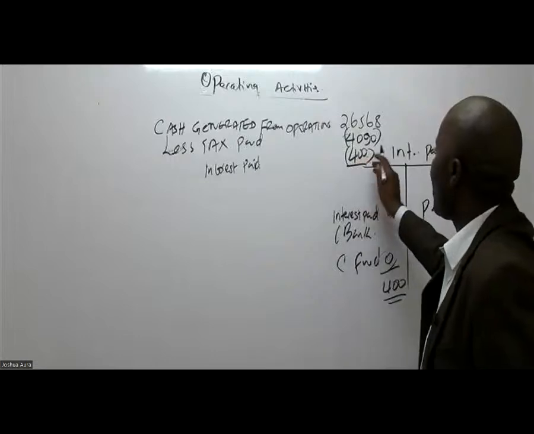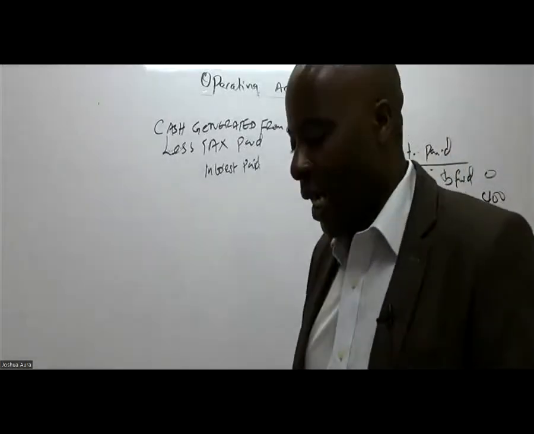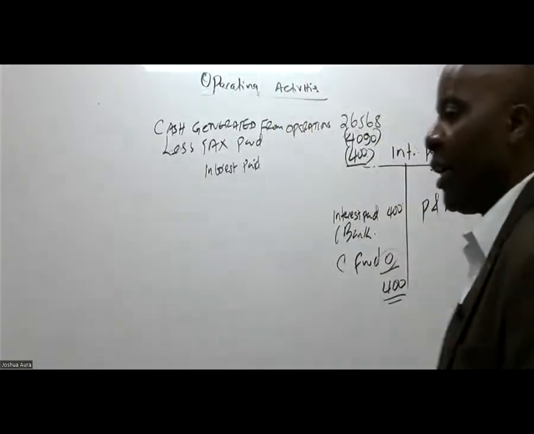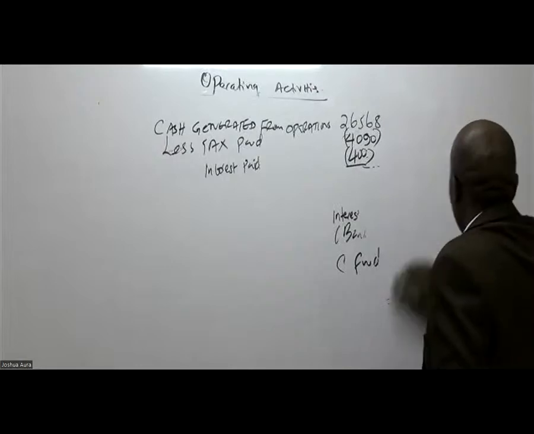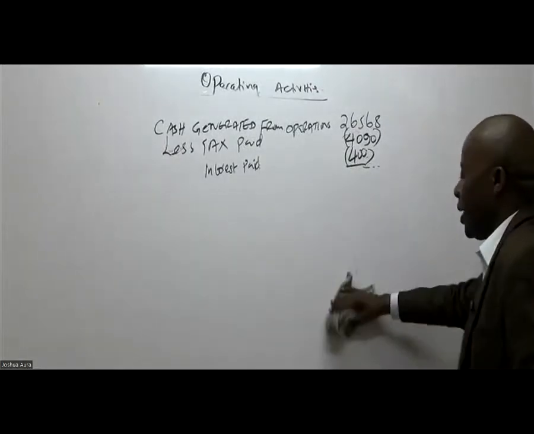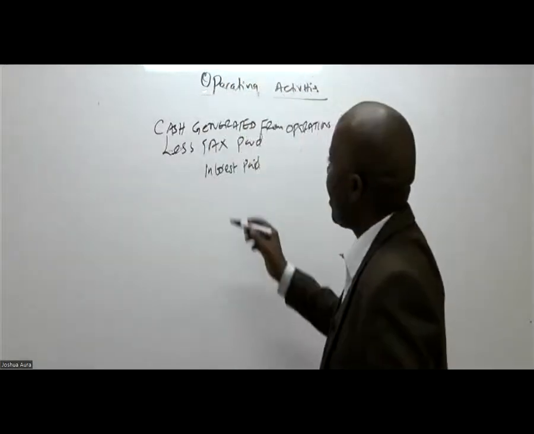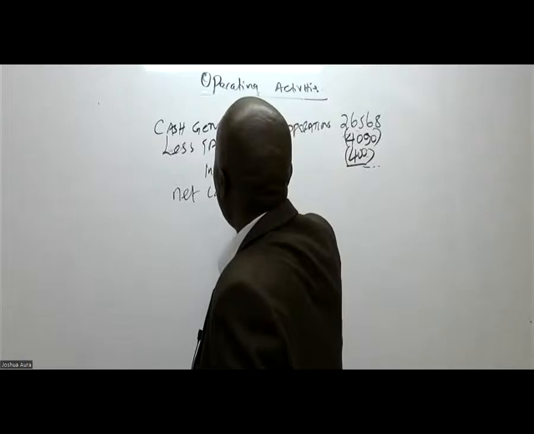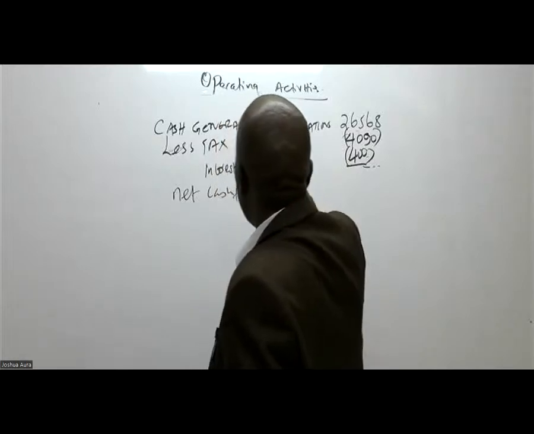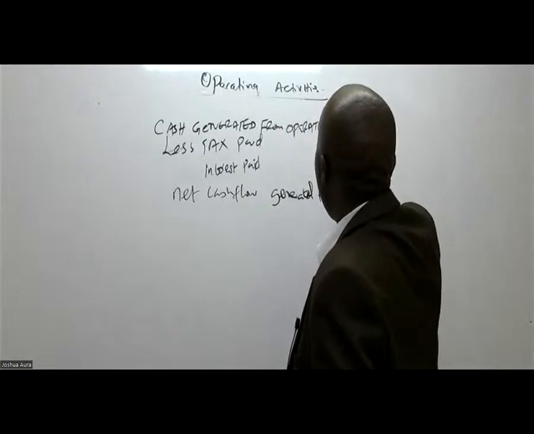So you subtract. When you subtract, what figure are we getting here as our net cash flow generated from operations? What figure are we getting, somebody? So net cash flow generated from operations.